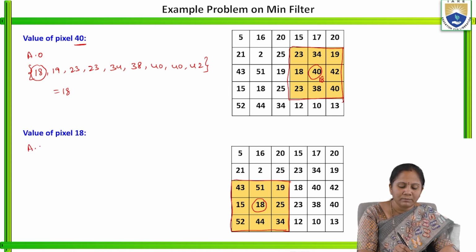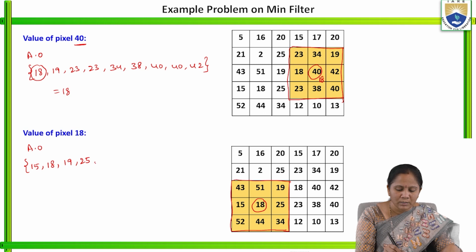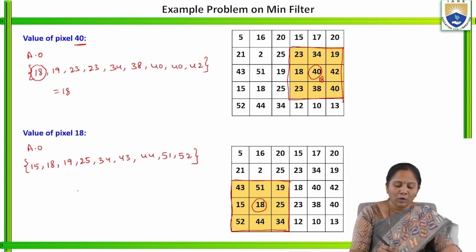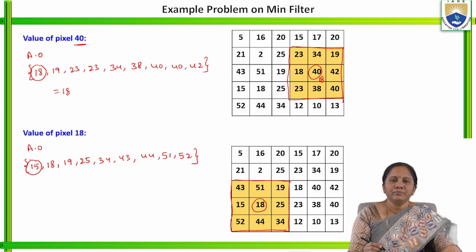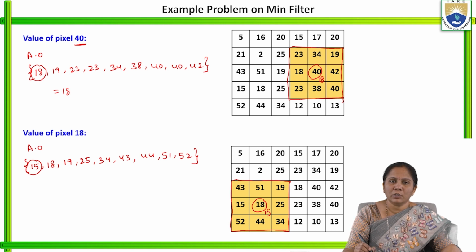So if we arrange them in the ascending order, we will get 15, 18, 19, 25, 34, 43, 44, 51, 52. So among all these, 15 is the minimum value which we need to have in place of 18.